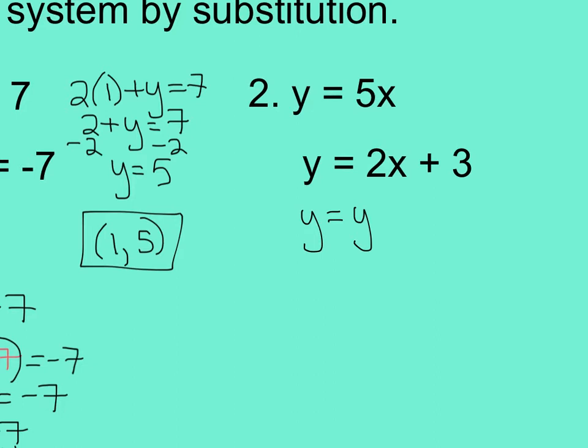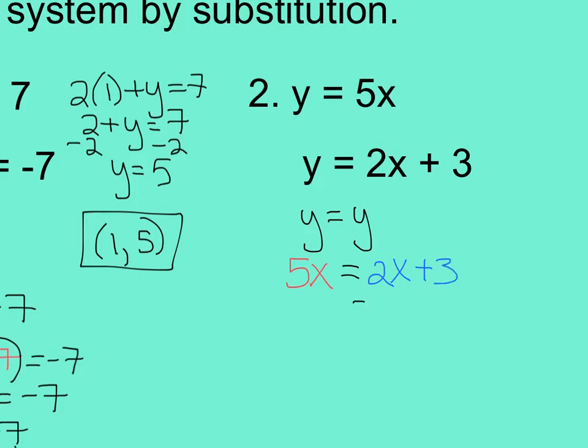I do know, though, that this first y, which is this one, is equal to 5x. So I'm going to replace that with 5x. And I know that the other y is the same as 2x plus 3. So I'm going to replace that y with 2x plus 3. And now I can solve this for x.